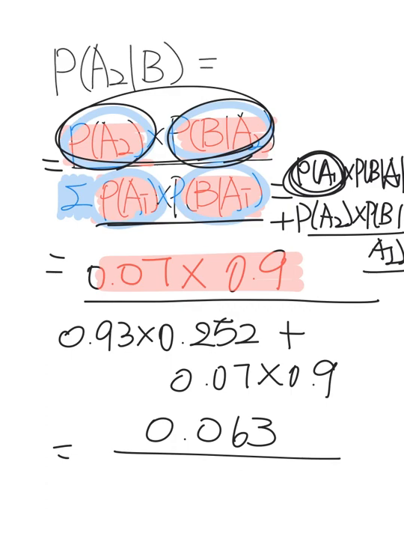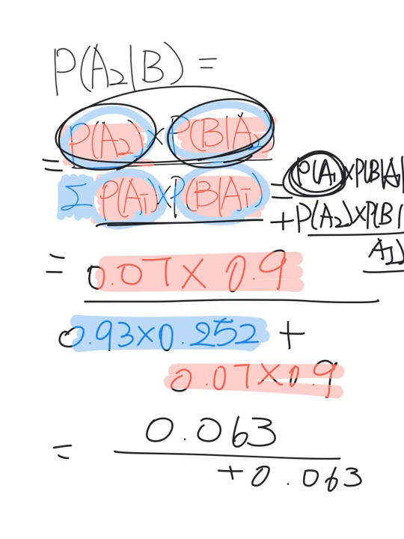Then the second term is 0.063. So let me plug the second one here, 0.063. And let me take the other one, 0.93 times 0.252.